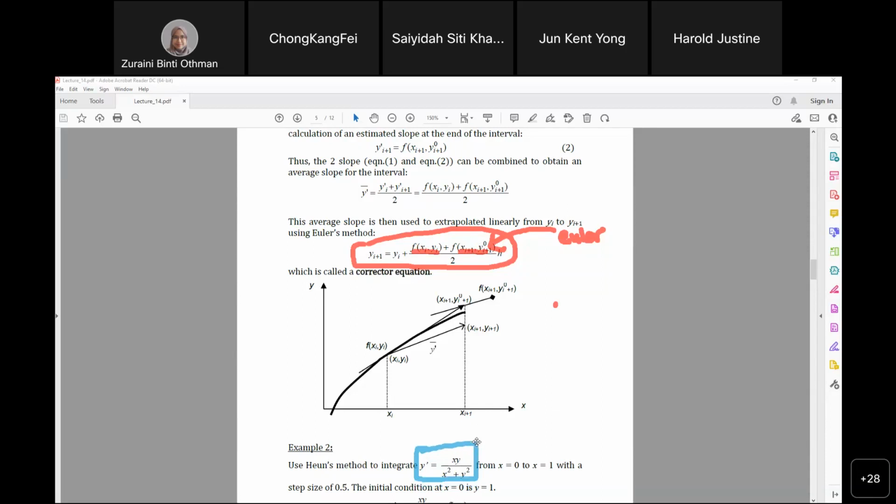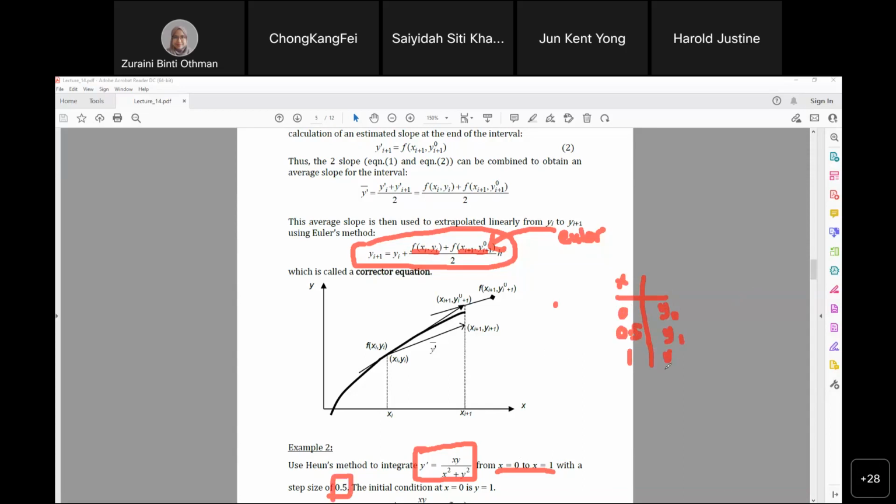Okay, now this is the given equation of differential equation and we look at this. This is the point that they want us to find, which means when x is equal to 0 and 1, but the step size here, kita kena selesaikan menggunakan 0.5, meaning that here we solve for, okay, y0 akan diberi y1.